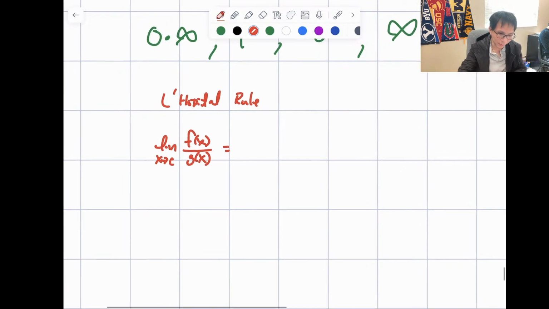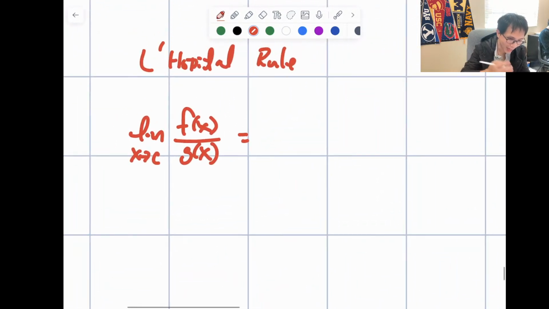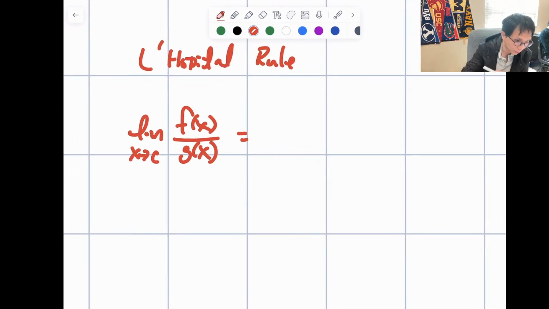Okay, so limits as x approaches c of f of x over g of x, if they are in indeterminate form, which is 0 over 0, infinity over infinity, or if you have 0 times infinity, 1 to the infinity, or infinity minus infinity, those are the things that you want to manipulate into a fraction.